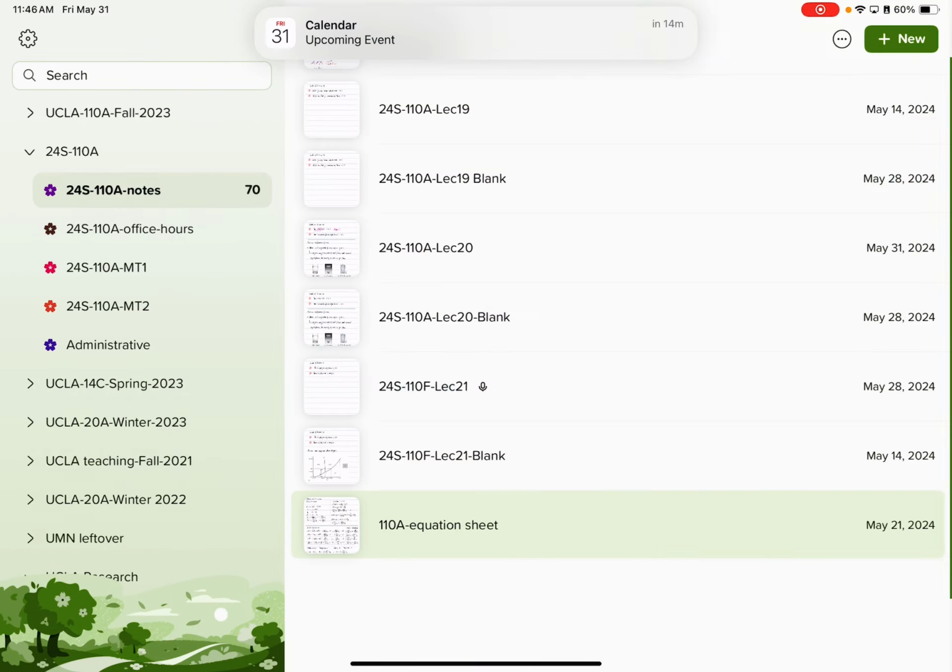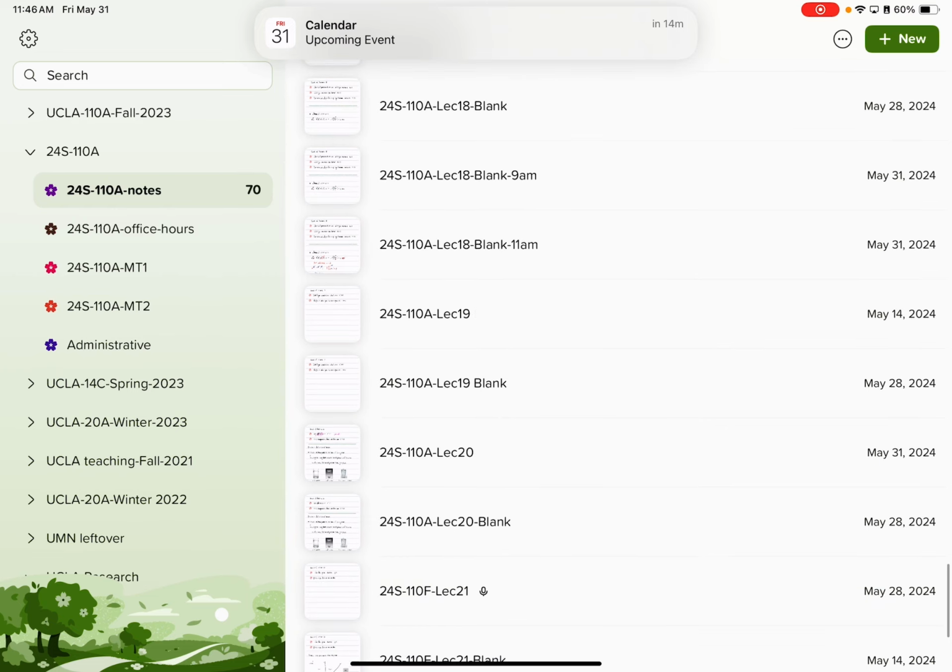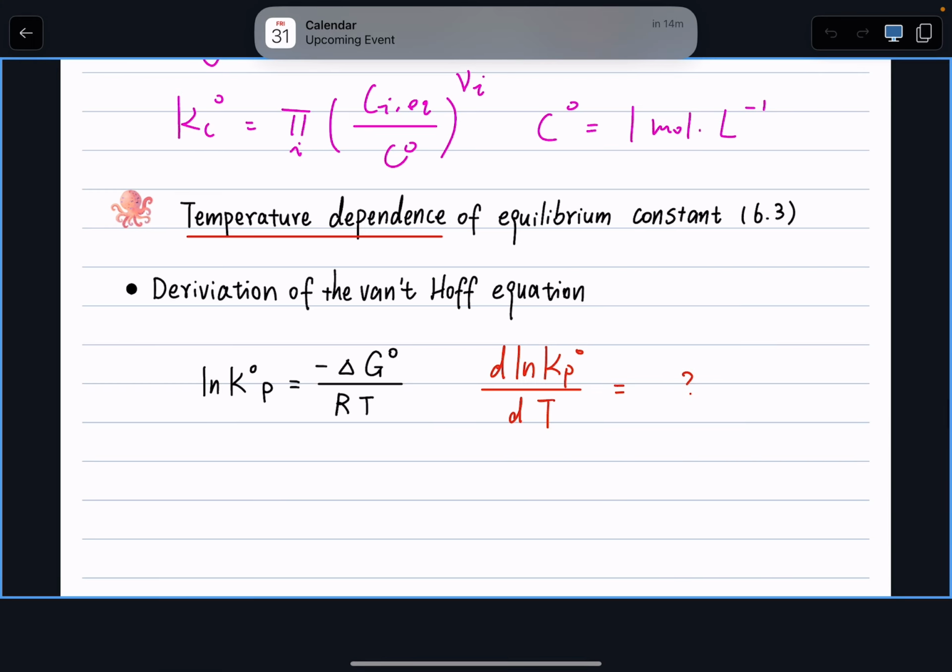But the actual logic is looking at the physical term of this one. It's the change of my molar Gibbs free energy with respect to temperature. So this entire term thus becomes negative molar entropy, or standard molar entropy.